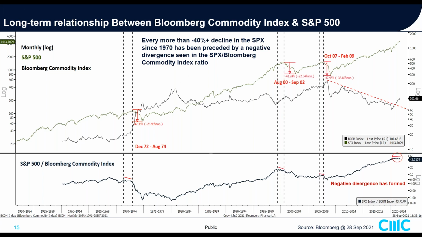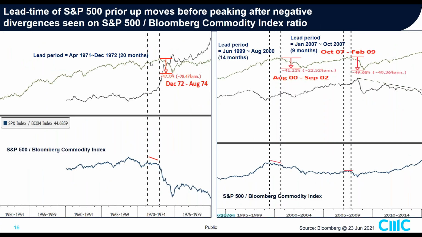Okay, let's look at this over here. At this point in time, there's this divergence that's being formed. From here, the lead period was 20 months.